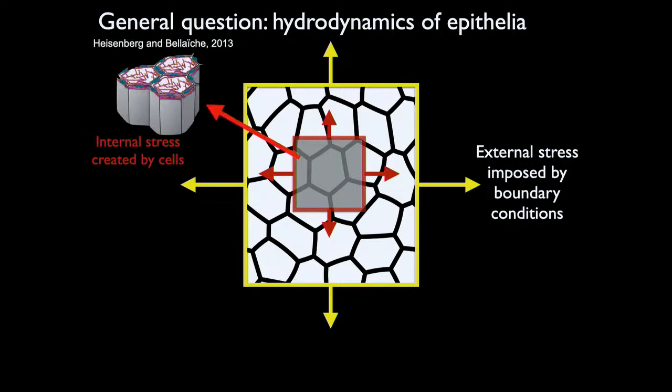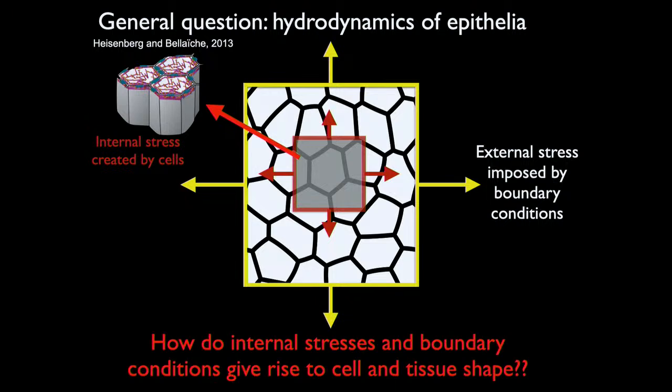The reason for this is, I have just shown that there is this network of actin and myosin close to the cell boundaries, and they can generate stresses. Now if you think that each of these individual cells is like an active material, you have competition between two kinds of forces. You have stresses generated at the level of individual cells, and you have forces at the boundary.